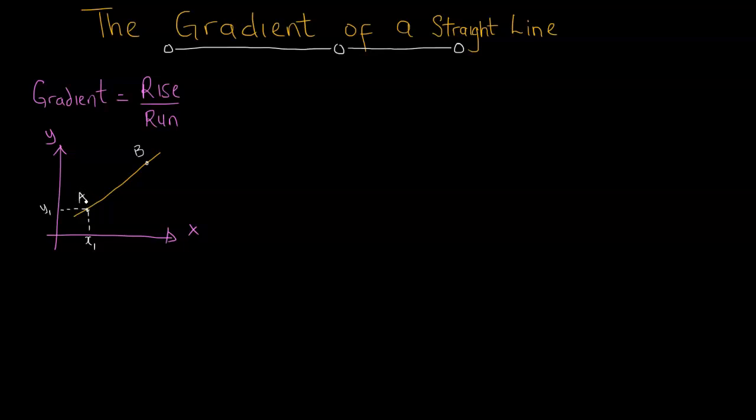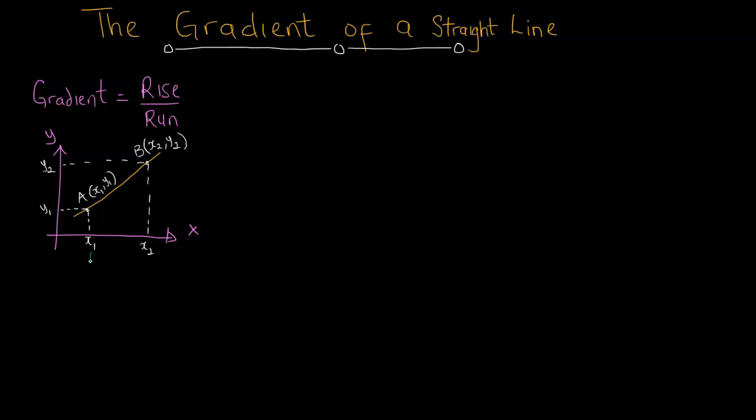So we can see that the coordinate of point A is x1, y1. If I do the same thing for B, tracing it to the x-axis to obtain x2, and to the y-axis to obtain y2, thus the coordinate of B is x2, y2.